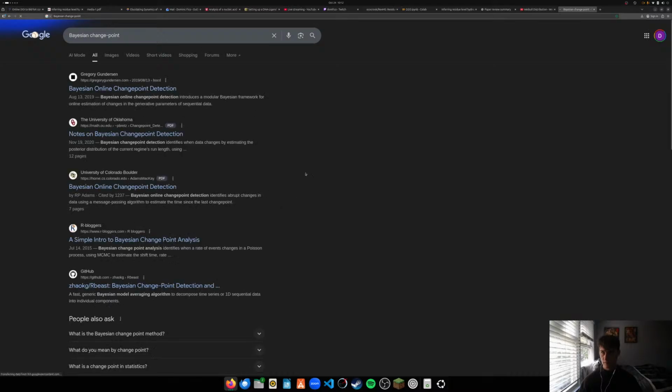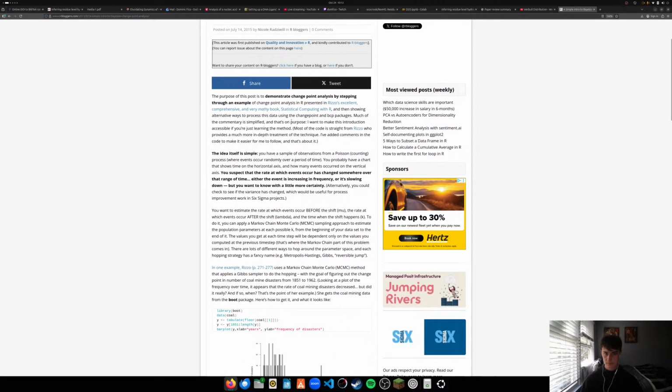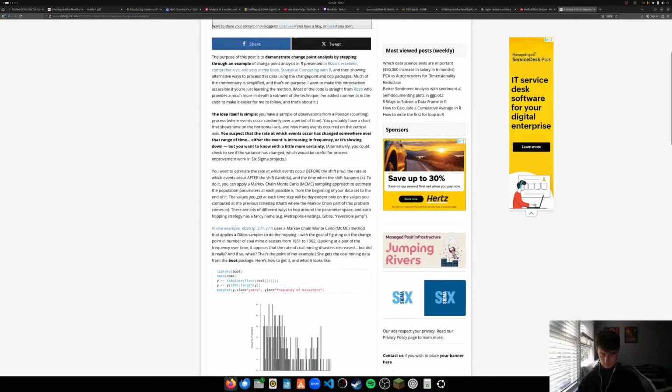Is there anything on the internet for this? Poisson counting process where events occur randomly over a period of time.